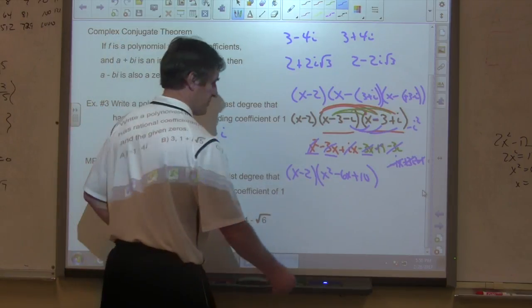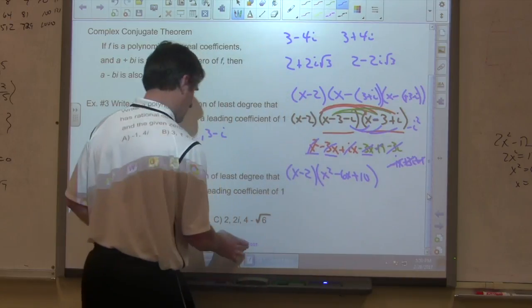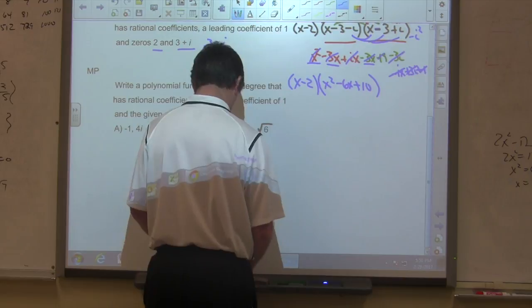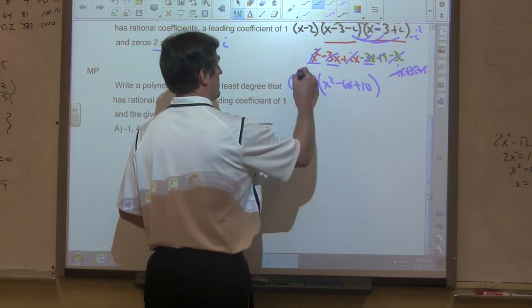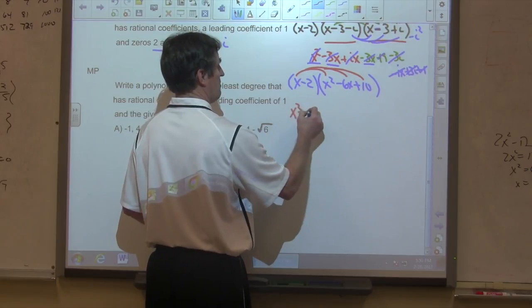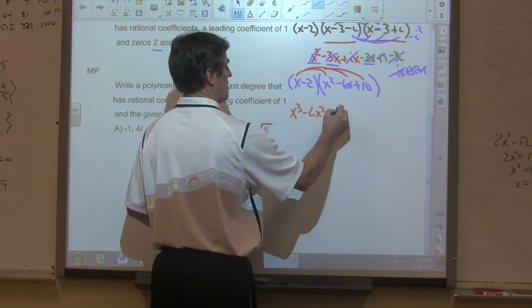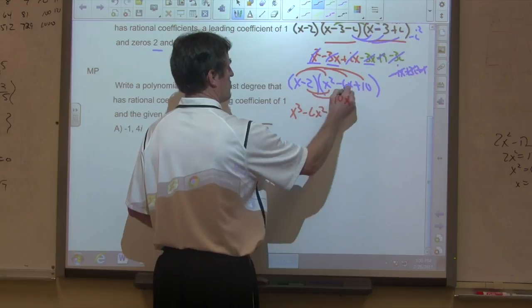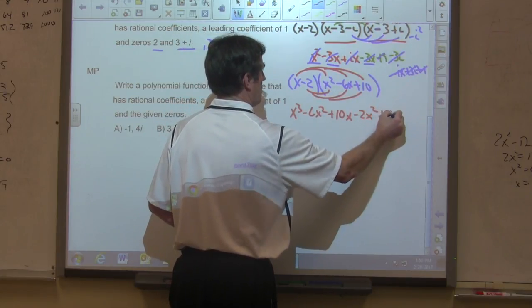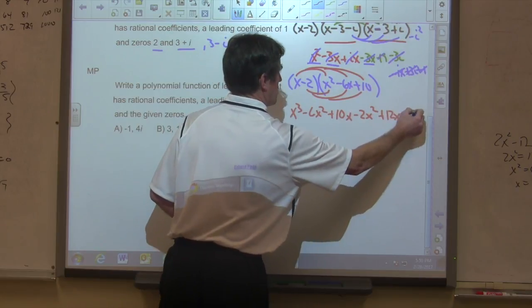So now that we're down to 3 terms, we can go ahead and distribute the x. So we get x cubed minus 6x squared plus 10x. Then distribute the negative 2: minus 2x squared plus 12x minus 20.